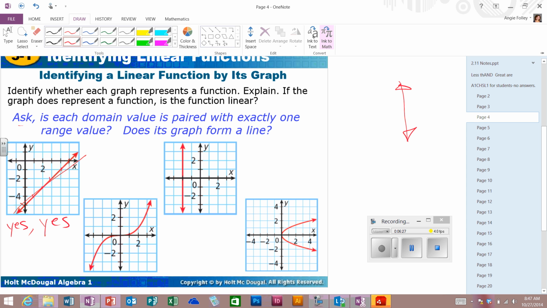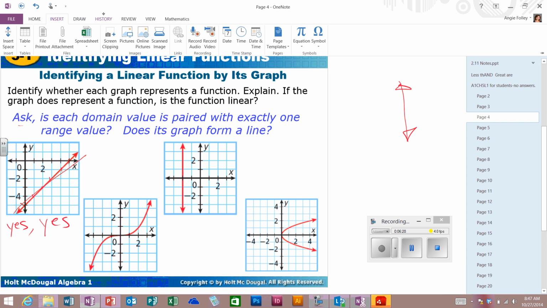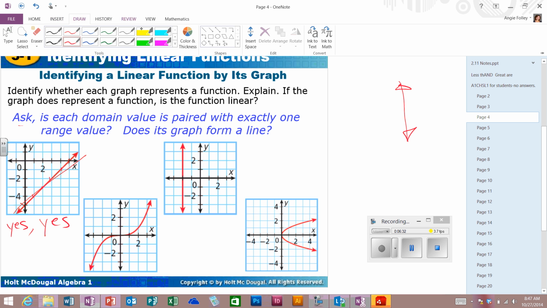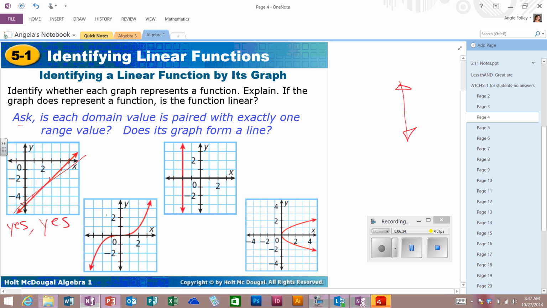Maybe I'll draw a little line here with a different color to show you. So for example, on this next one, if I draw a line through any part, if you notice, it's only hitting one point on the graph at all those parts. So that means, yes, it is a function.